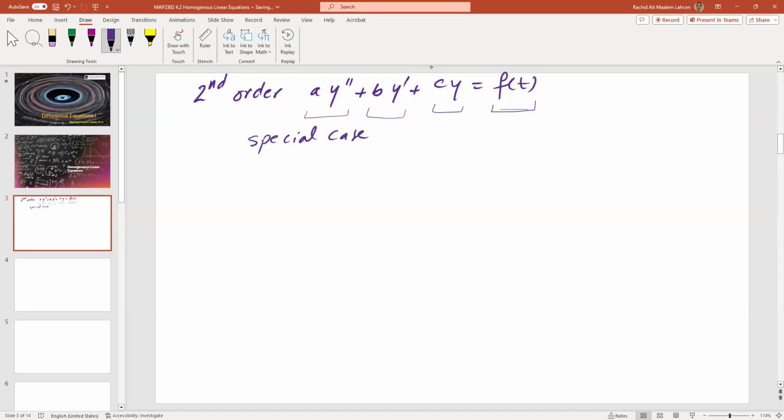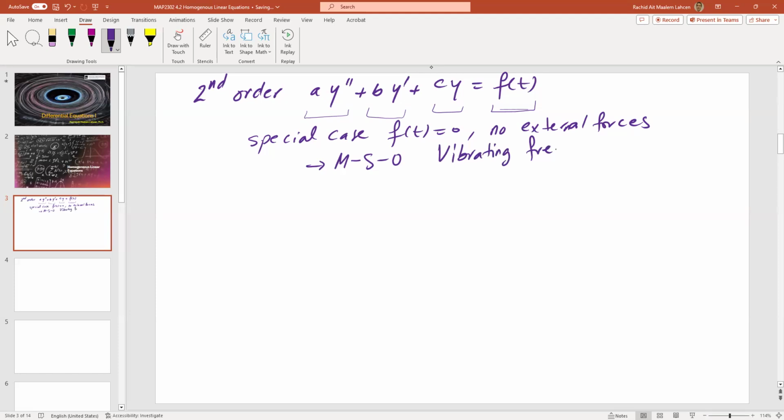The special case that this video is about is when f of t equals 0, which means there are no external forces, which means the system, let's abbreviate this way, the mass spring oscillator, is vibrating freely.